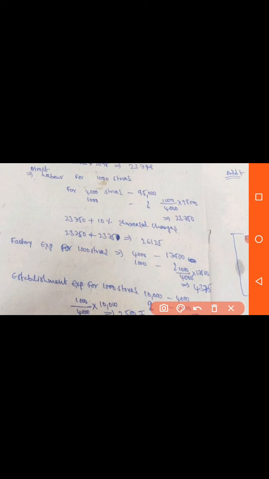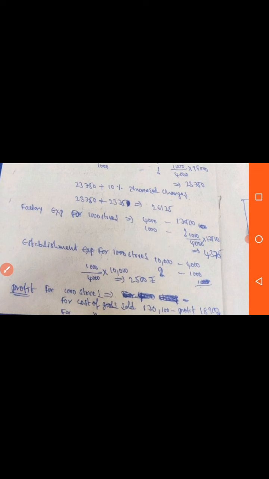Next, establishment expenses for 4,000 units are 10,000 rupees. For production of 1000 units, how much? 1000 by 4000 multiplied by 10,000 equals 2,500.